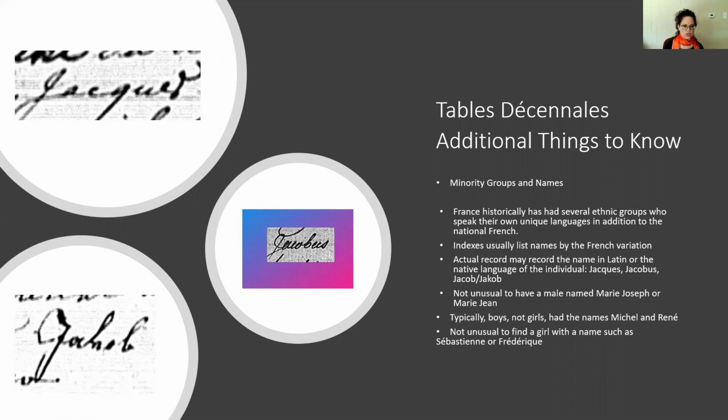Another thing that you should keep in mind when looking at French names is that the French don't necessarily use the names the way we in our English-speaking minds expect them to be used. For example, it wasn't uncommon to find a man with the name Marie in front of his name. So Marie Joseph or Marie Jean.